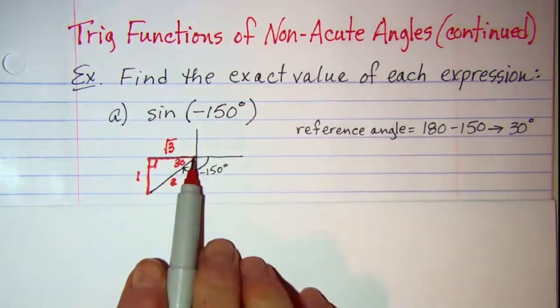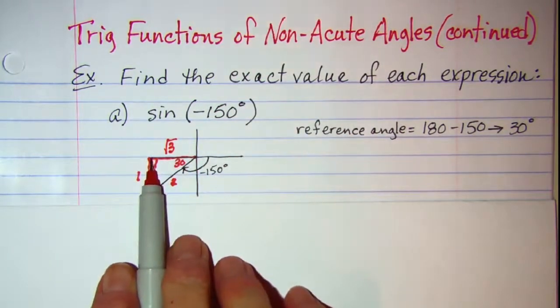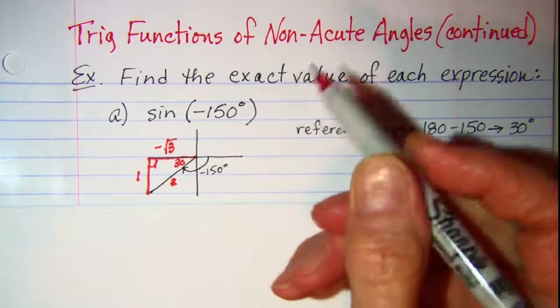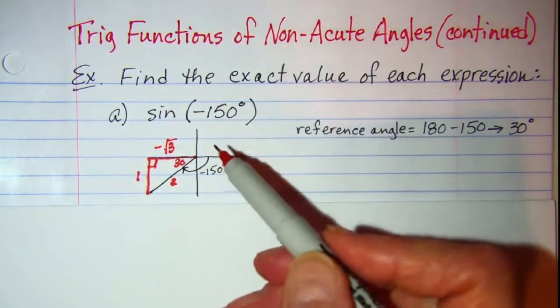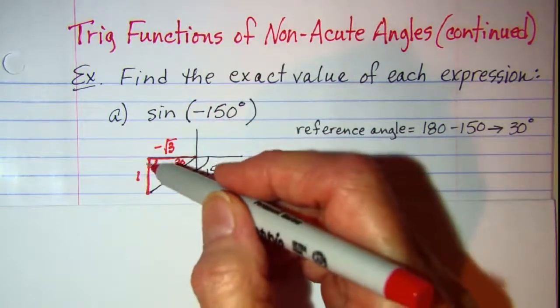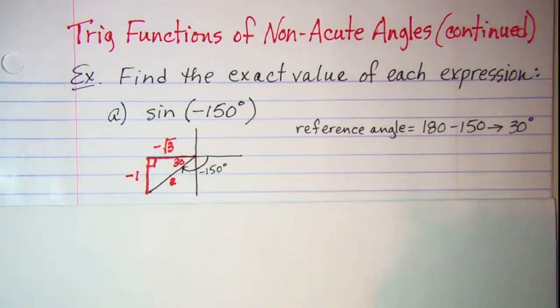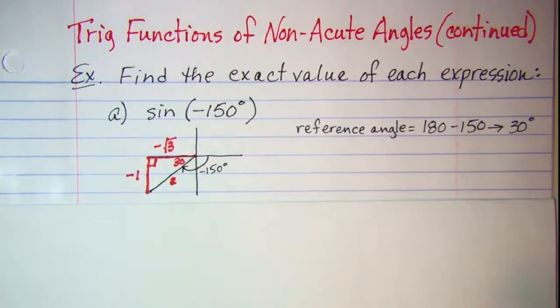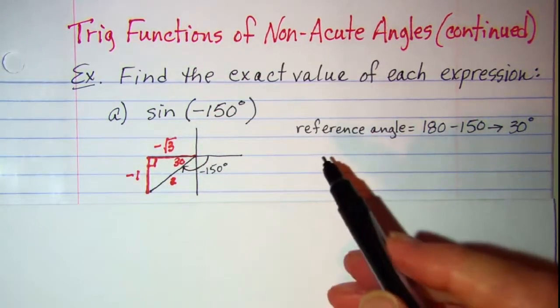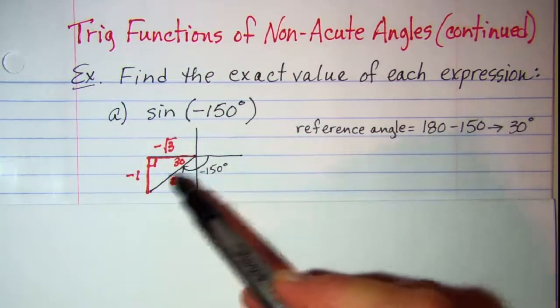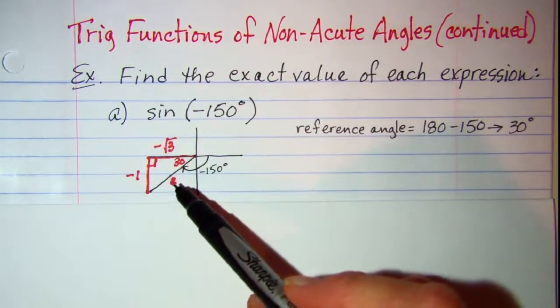Now because this is left of the y-axis, it'll be a negative value for my x coordinate, and this one's down, so a negative value for my y coordinate. Now we know that sine is defined as y over r, or we can also think of it as opposite over hypotenuse.